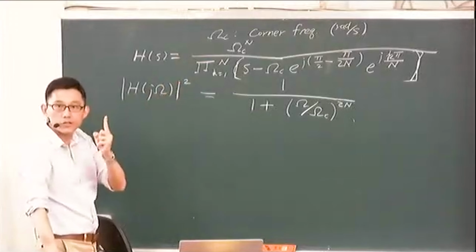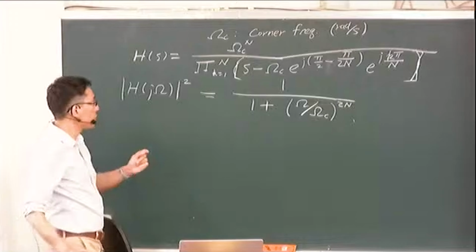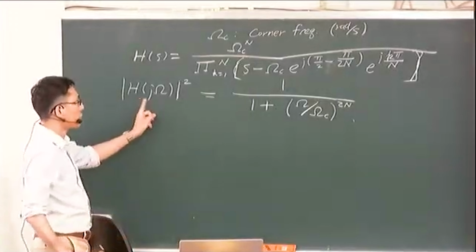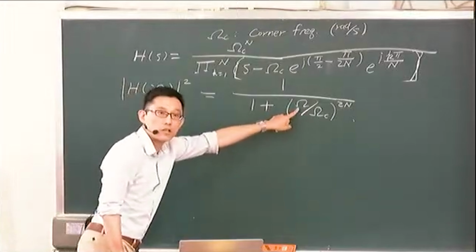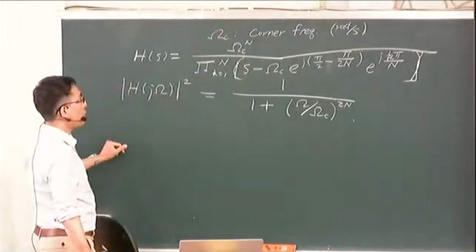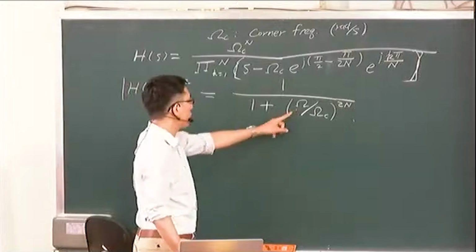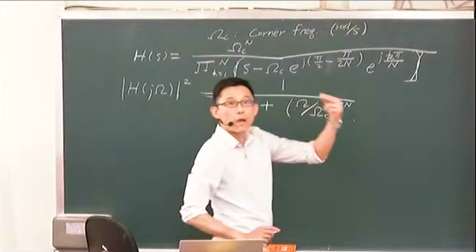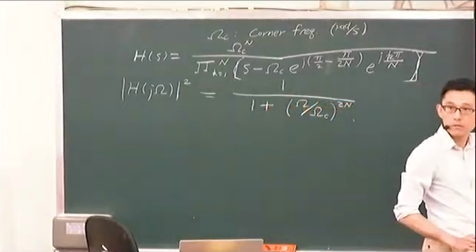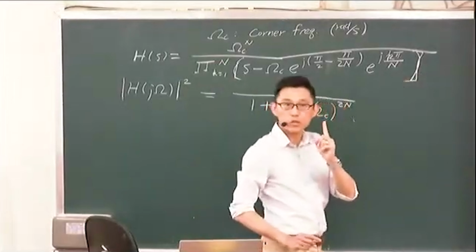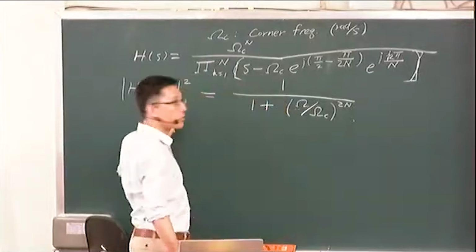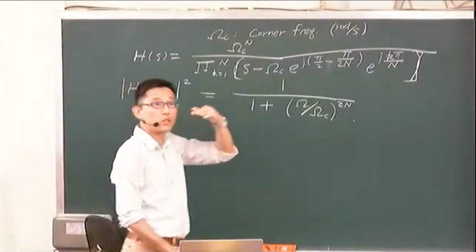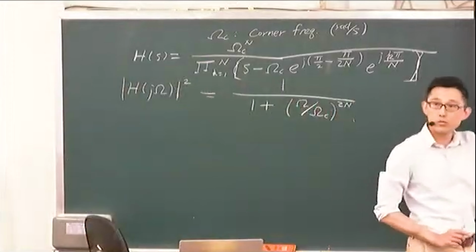Two steps. First step, let's make a sketch. I invite you to try to make a sketch of this as a function of omega. As omega increases, the denominator also increases. Therefore, the magnitude is going to keep decreasing. So the first thing we notice: the larger omega is, the smaller the magnitude response is. In general, we have a monotonically decreasing frequency response.